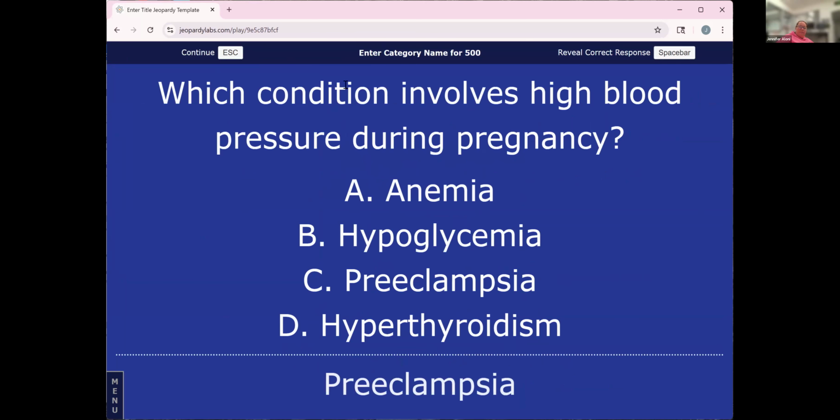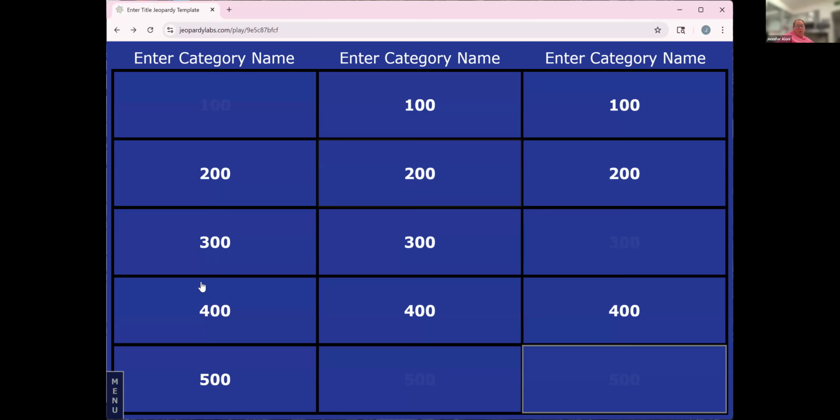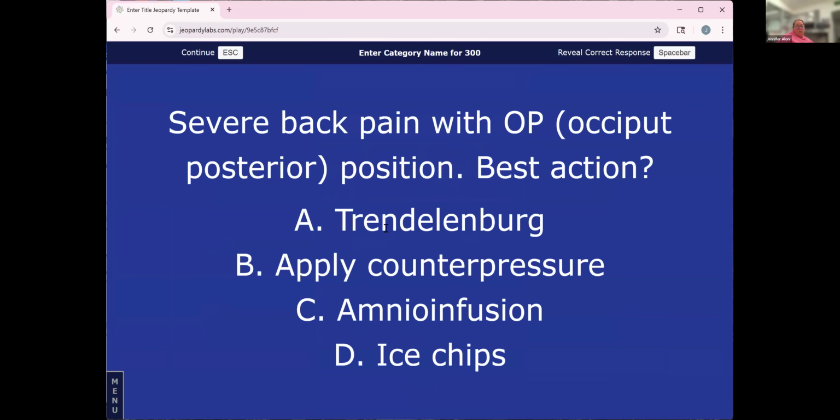All right. What else we got here? Somebody pick one. Middle 300. Severe back pain with OP. That's the way the head is positioned, right? Occiput posterior.